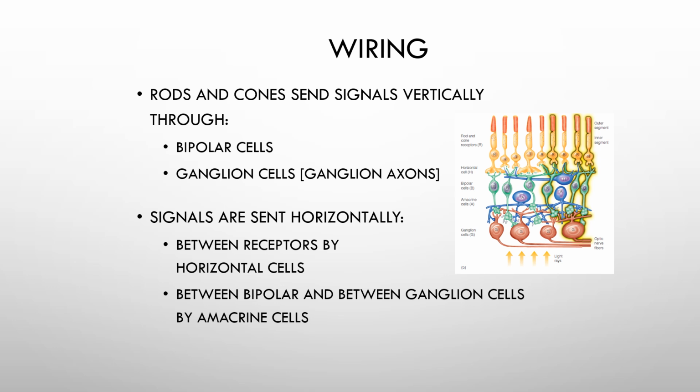The horizontal cells exist between the receptors, and between the bipolar cells and retinal ganglion cells, we have these amacrine cells that are also communicating perpendicularly. This is usually discussed as vertical versus horizontal communication: communication going one way, and then the horizontal and amacrine cells allowing for lateral, or perpendicular, communication.